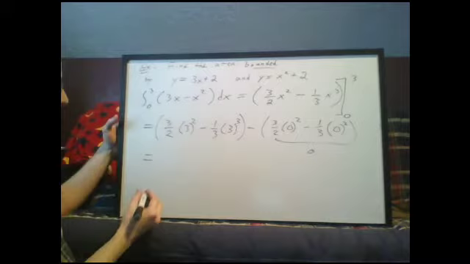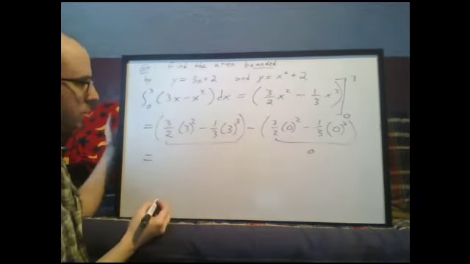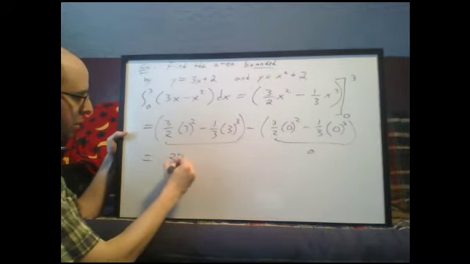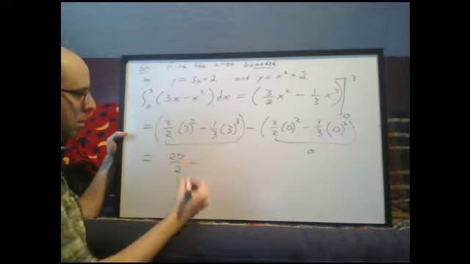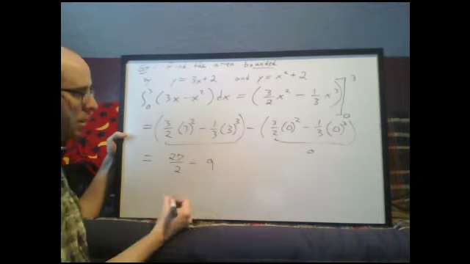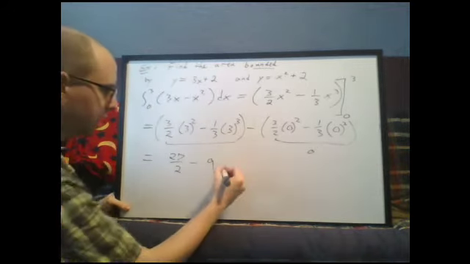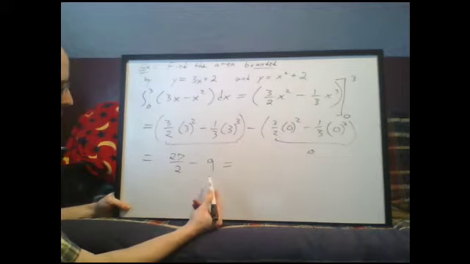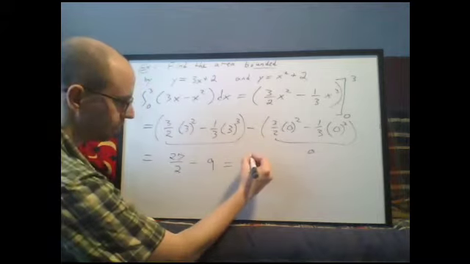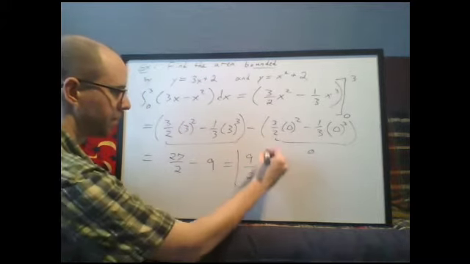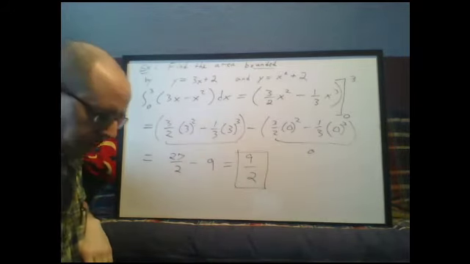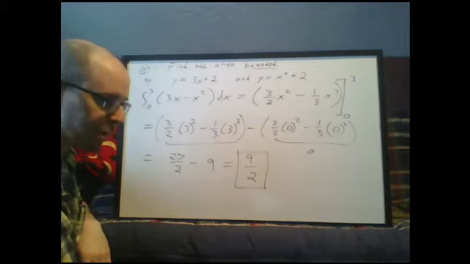So my answer is whatever I get from just this part. 3 squared is 9, so 27 over 2. 3 cubed is 27, divided by 3 is 9. So 27 over 2 minus 9. That will be 18 over 2, so that'll be 9 over 2. So the area bounded by these two curves is 9 over 2.